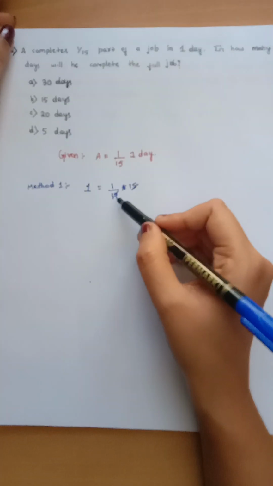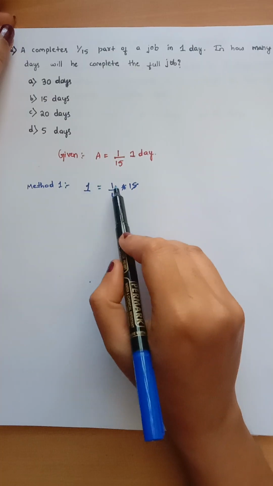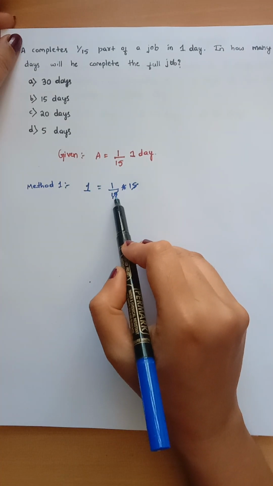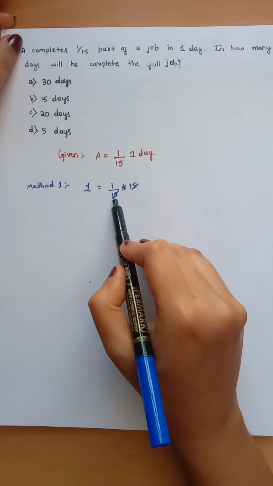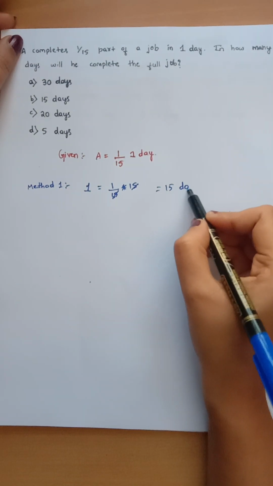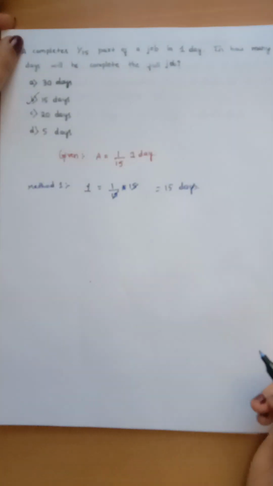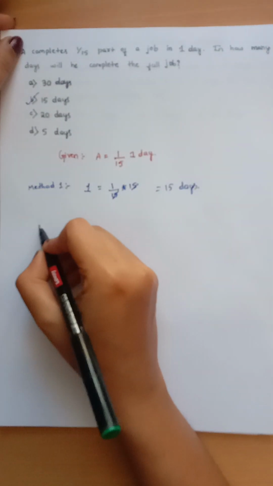How do we know that it is 15? Usually if the task is 1, we need another 1 here. So we need 15 to cancel this 15. That's how we got it as 15 days. Answer is 15 days.